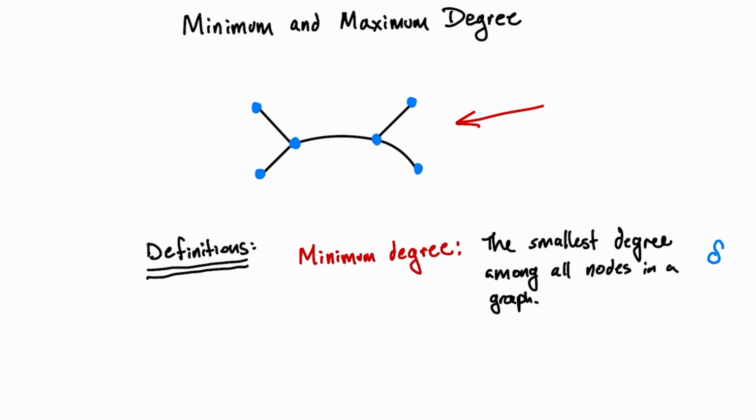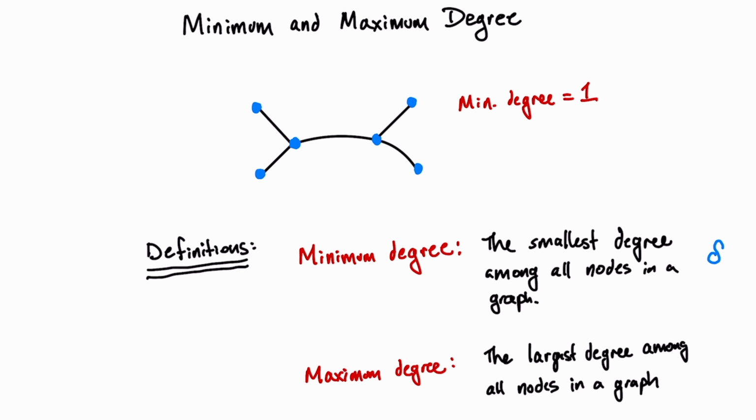In this graph here, there are 4 nodes with degree 1 and 2 nodes with degree 3. Since 1 is smaller than 3, the minimum degree for this graph is 1. The maximum degree is the largest degree among all nodes in a graph. Mathematicians denote the maximum degree with a capital Greek letter delta. In this graph, the maximum degree is 3.